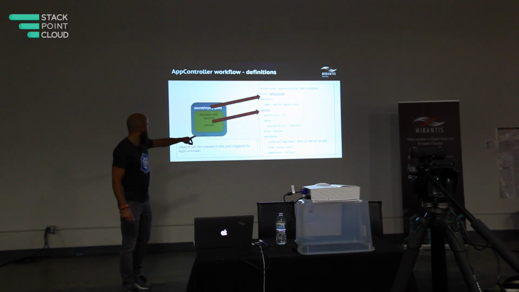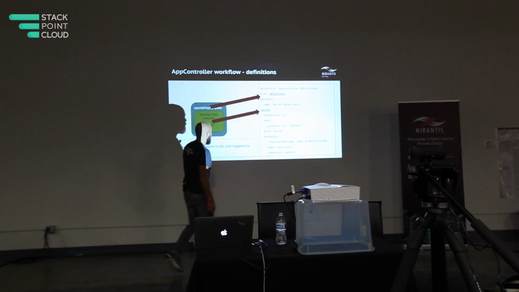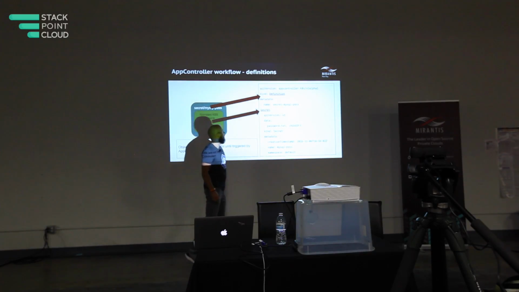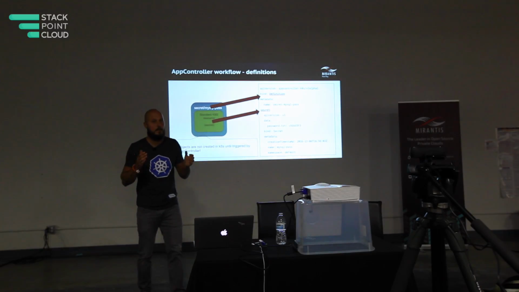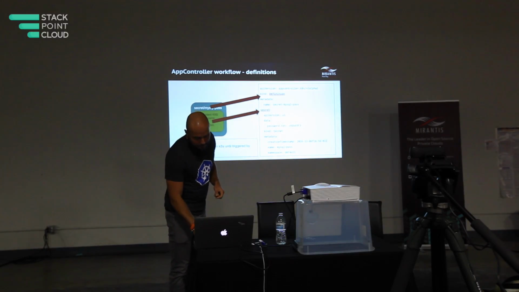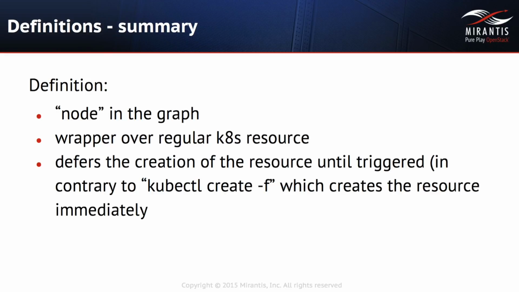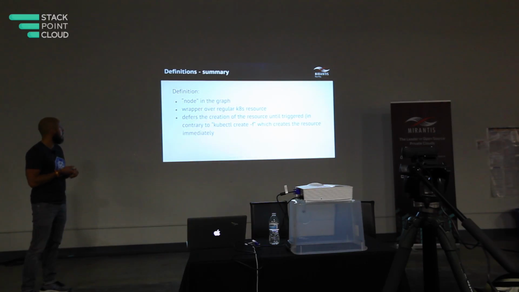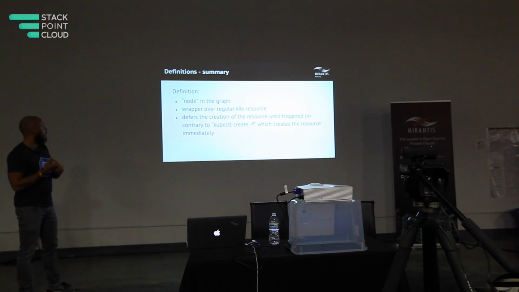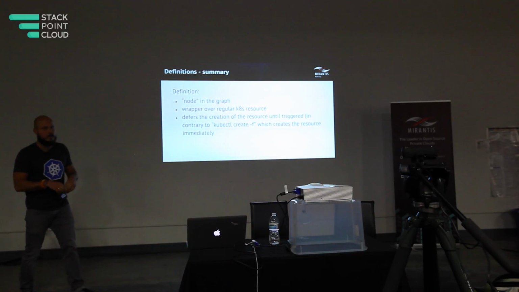So if you apply kubectl create -f this file, it will create an object in Kubernetes, but nothing will happen until you trigger the deployment. Just a quick recap: a definition corresponds to a node in the graph. It's a wrapper over a regular Kubernetes resource. And most importantly, it defers creation of the resource until specifically triggered.